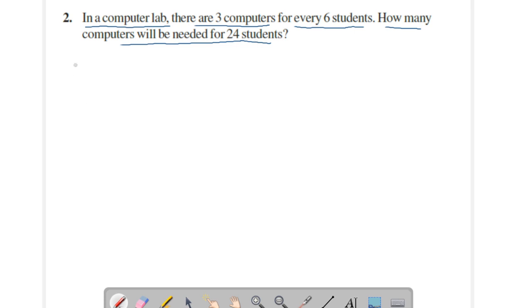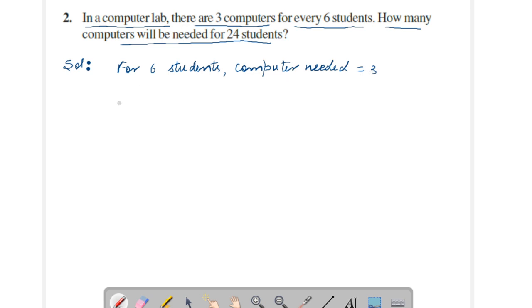Here say the solution. For 6 students, computers needed is 3.